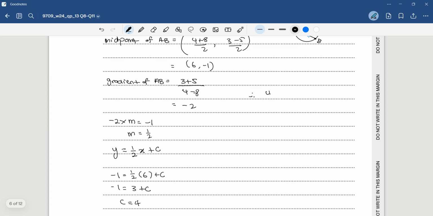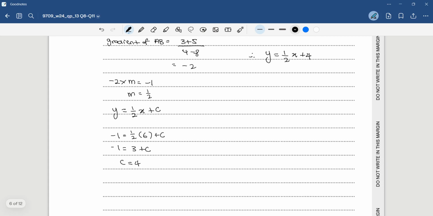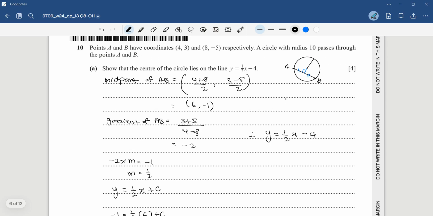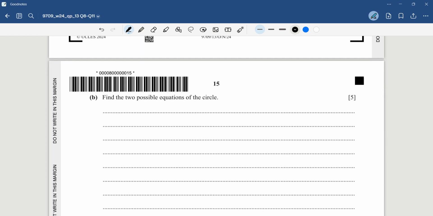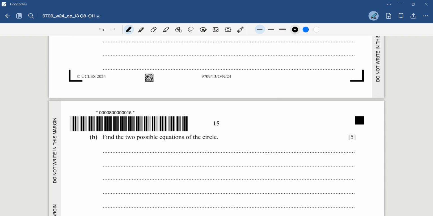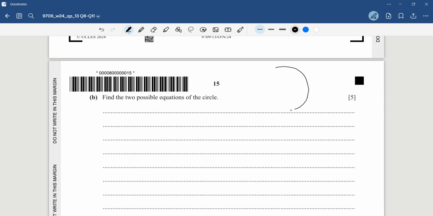Therefore, y equal to 1/2 x − 4. Sorry, I made a mistake earlier, it's negative 4. So this is the equation of the blue line here. And then part B: find the two possible equations of the circle. So just now we have a circle, I just draw a large one.